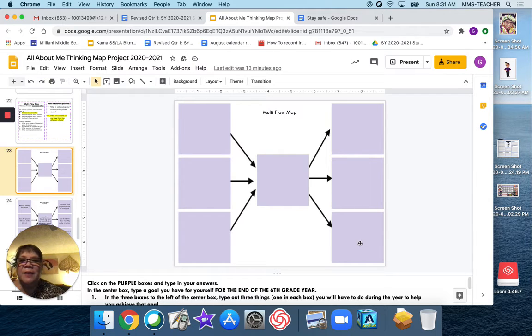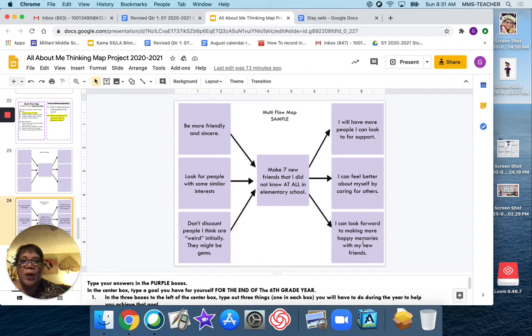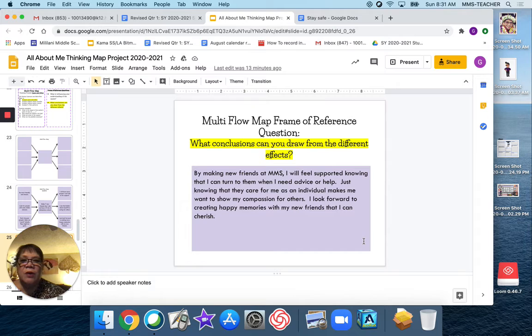Okay? Now, with that said, when you take a look at your frame of reference, what conclusions can you draw from the different effects? So, if I looked at what I had written down about making new friends, I might say by making new friends at Mililani Middle School, I will feel supported knowing that I can turn to them when I need advice or help.